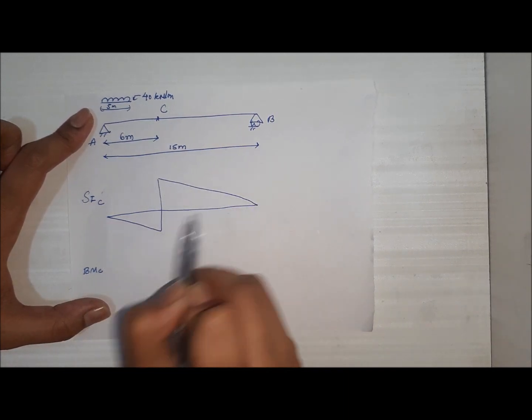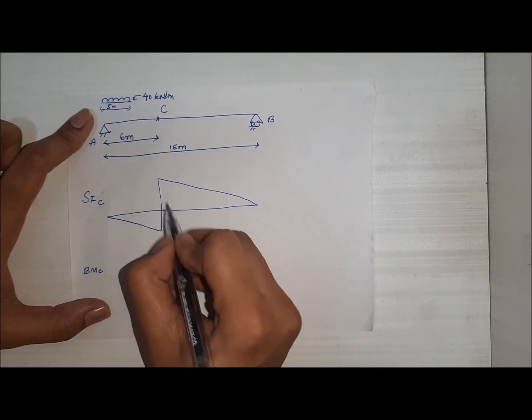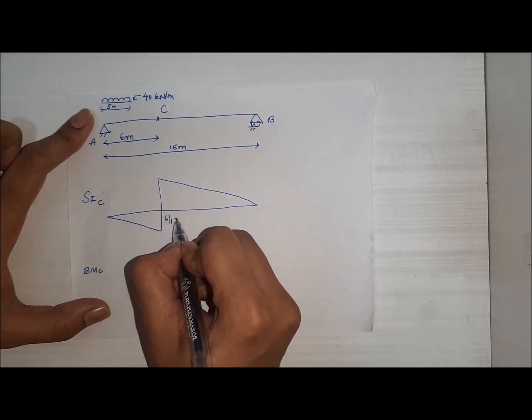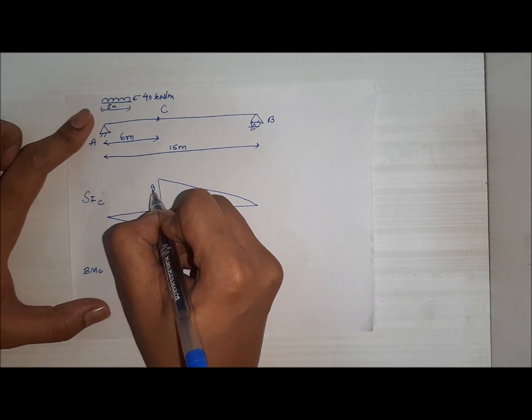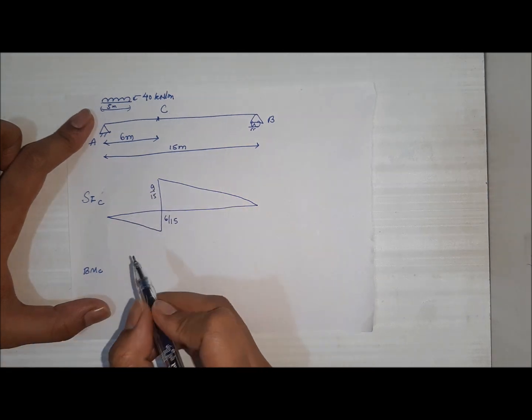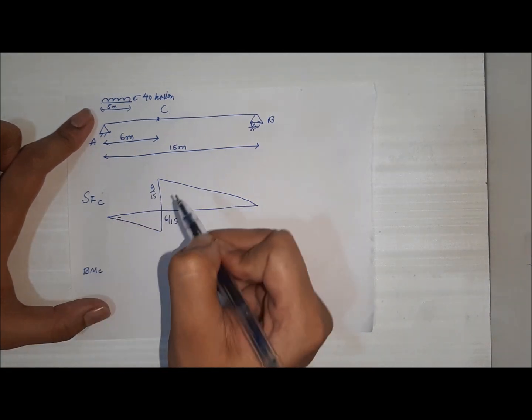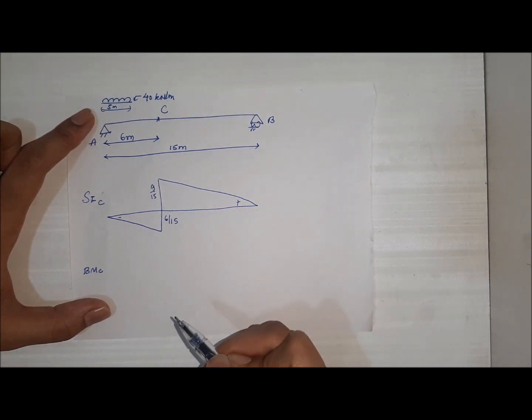The same figure will be there. This dimension will be 6 upon 15, this dimension will be 9 upon 15. This is negative and this is positive.